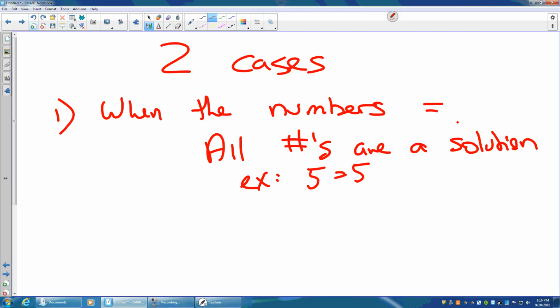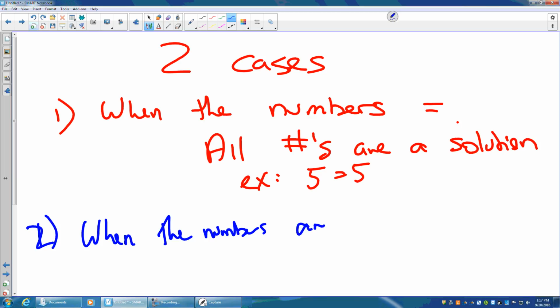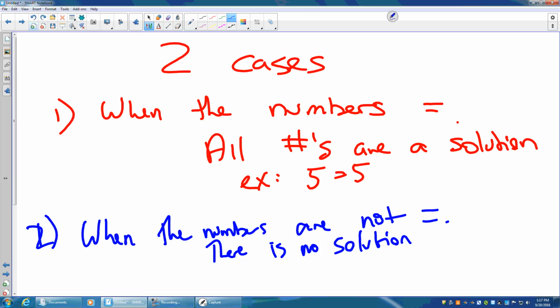Now the first case that we looked at today, oh, I should put the 2, is when the numbers are not equal. And that's, there is no solution. And that was the first case that we looked at today, when it said something along the lines of 4 is equal to 5. Now that's not going to be the only one. It could be any number is equal to any other number. That's not the case, so because of that, there is no solution.